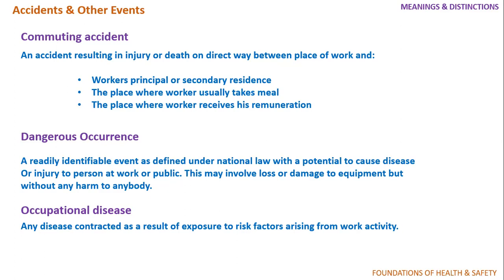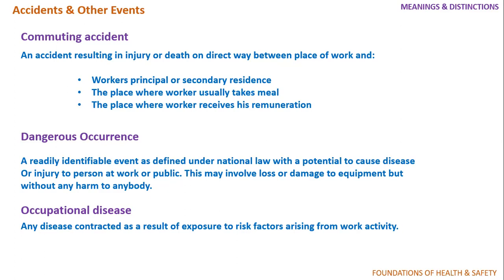So first is the way between the work and the residence. It may be the principal or secondary residence of the worker. Then the way between the work and the place where the worker takes meals. Then between the work and the place where the worker receives his remuneration. So in any of these ways, if the accident results in injury or death, it is called a commuting accident.